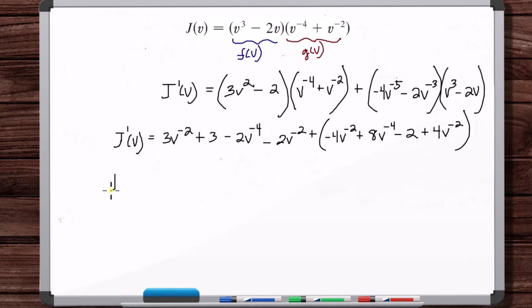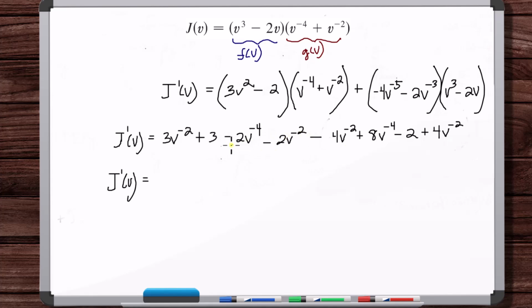All right. So we've got what? 3. Well, let's just take this parentheses off and put a negative here.